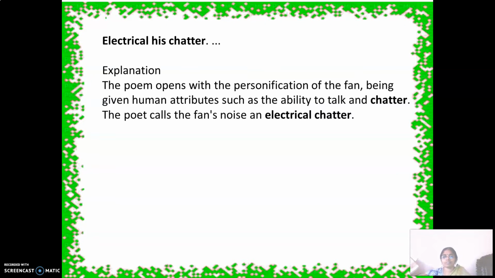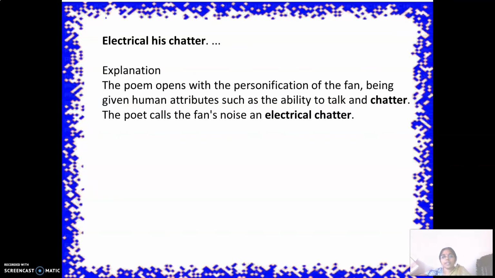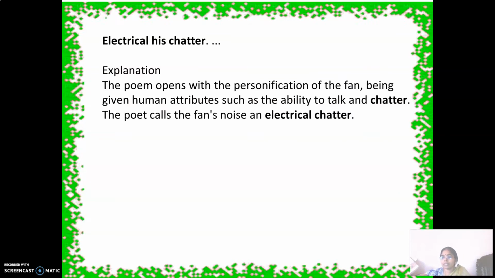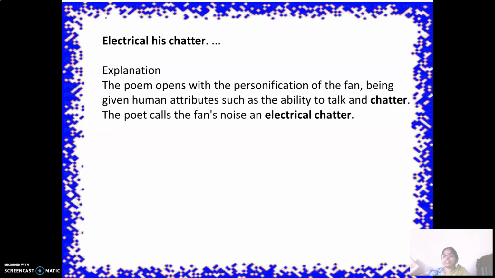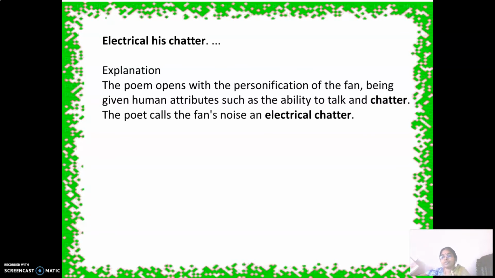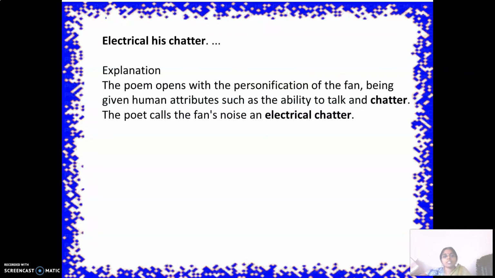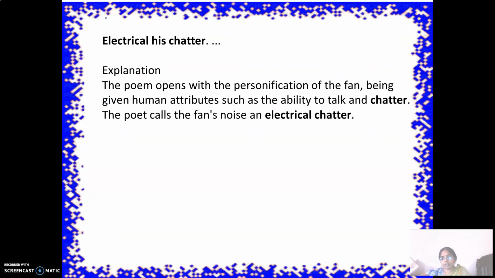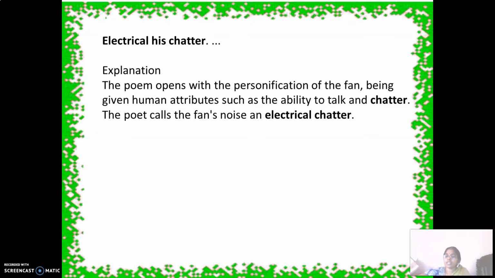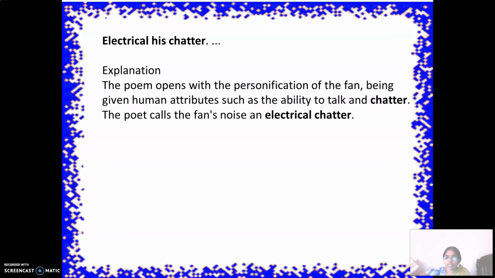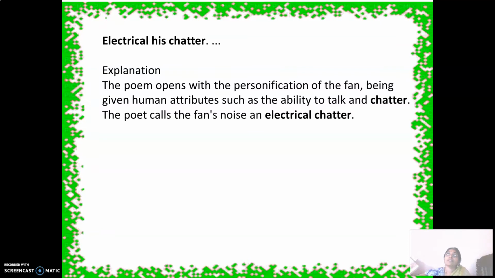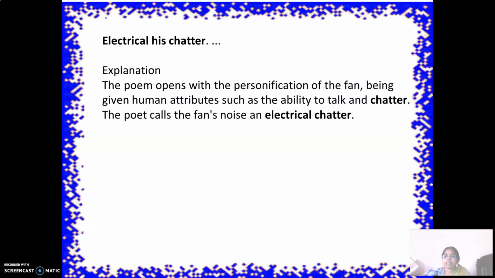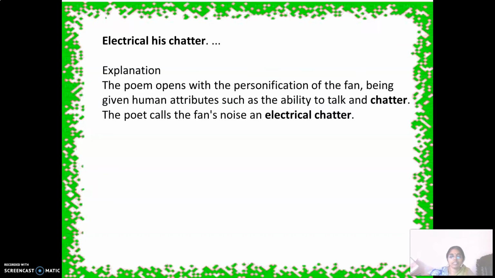The poet gives a human attribute of talking to the ceiling fan. That is the word called chatter. The poet calls the fan's noise electrical chatter. We are just talking, chatting, but the fan is talking, isn't it? That is called electrical chatter.